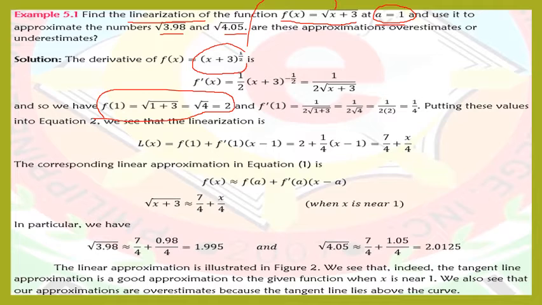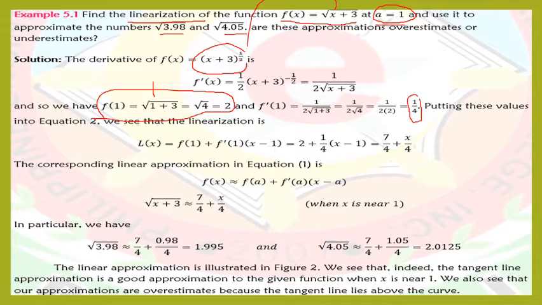So, f of 1, replace x by 1, so magiging square root of 1 plus 3 is the square root of 4. The square root of 4 is 2. Ito yung given natin na function. And then, substitute din natin sa na-derive na function. So, f prime of 1 is equal to 1 over 2 times the square root of 1 plus 3, or 1 over 2 square root of 4. So, i-simplify natin, we have 1/4.